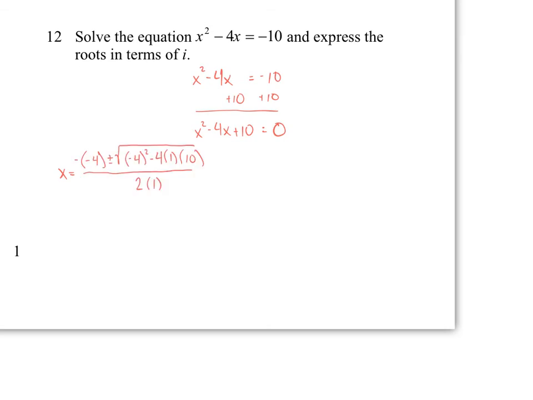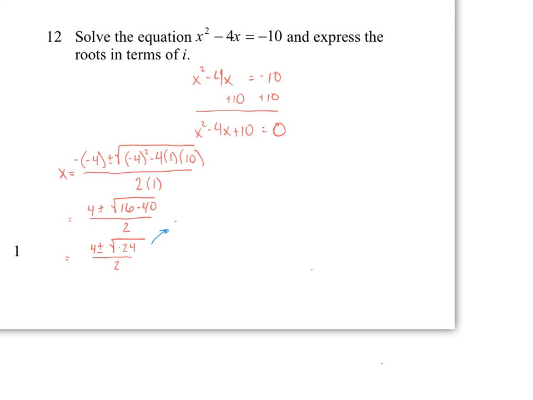And once we've set it up that way, we can just start to simplify. We're going to have 4 plus or minus the square root of 16 again, minus 40 over 2. 16 minus 40 is negative 24. So let's figure out which perfect squares go into 24.